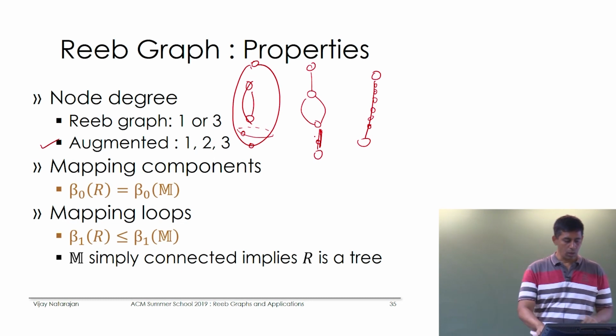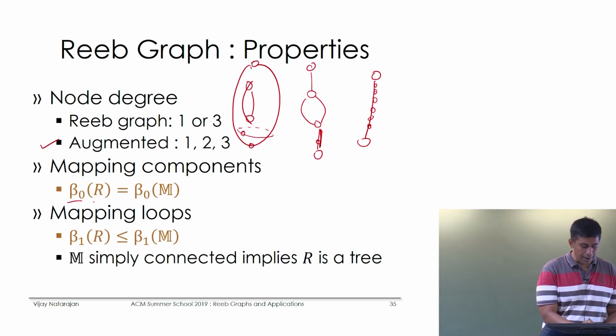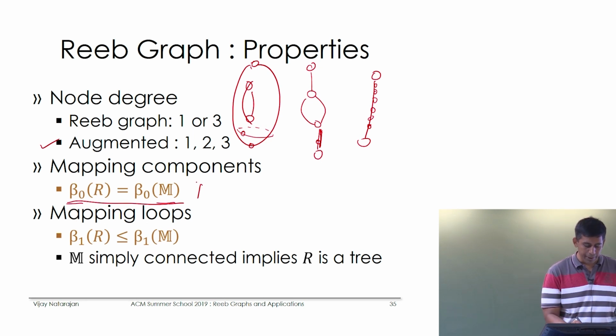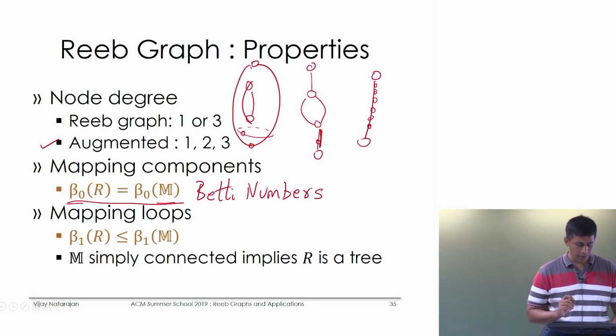So this is what we are saying here, that the number of connected components of the Reeb graph is equal to the number of connected components of the domain, which is the manifold M. The technical term for this is beta 0, called the 0th Betti number.